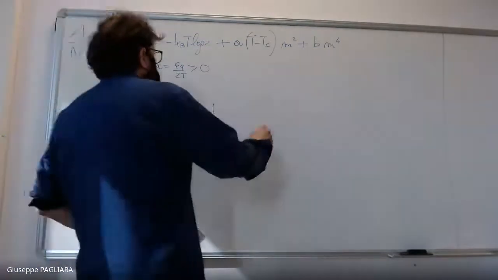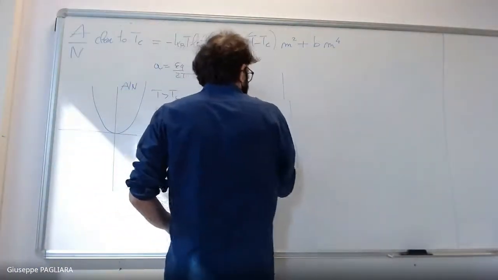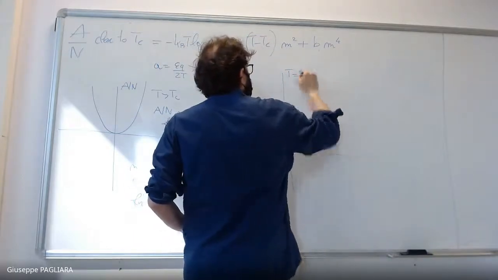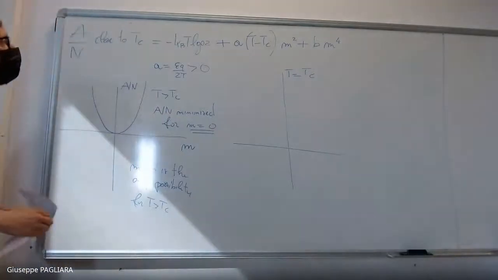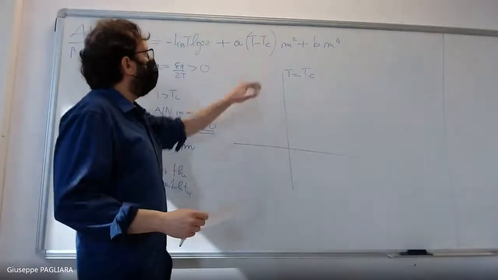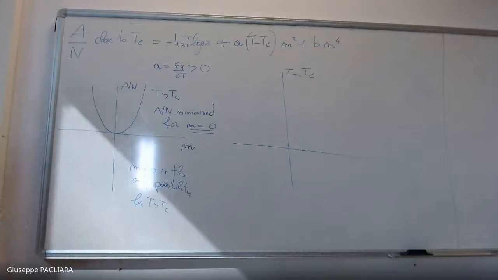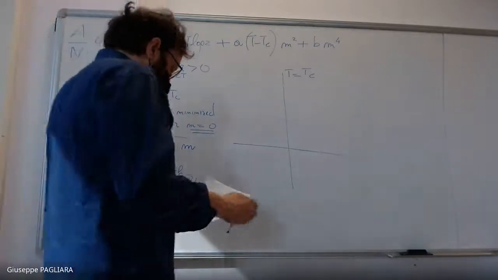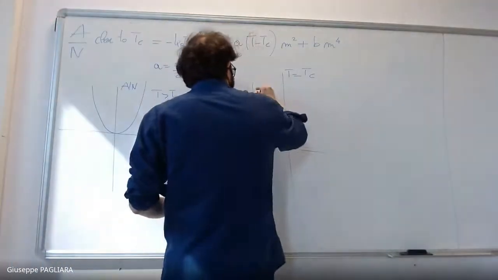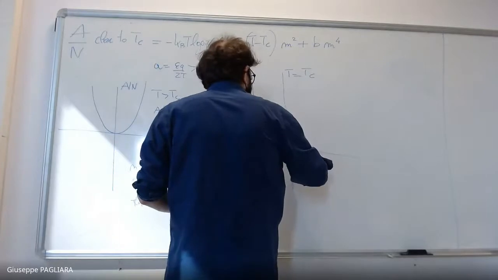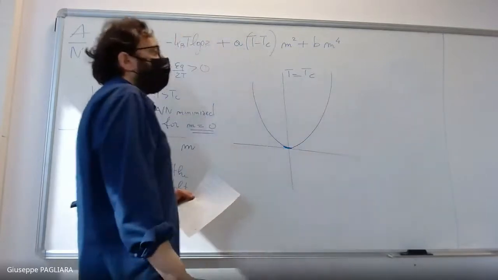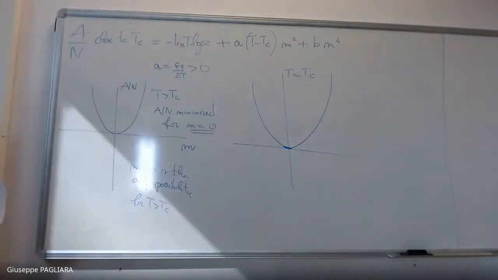Now, what happens when T instead is equal to Tc? Here this term will disappear, and therefore we will have a quartic again in m. The shape is more or less similar to this one, but the higher order derivatives of m are equal to 0 also.